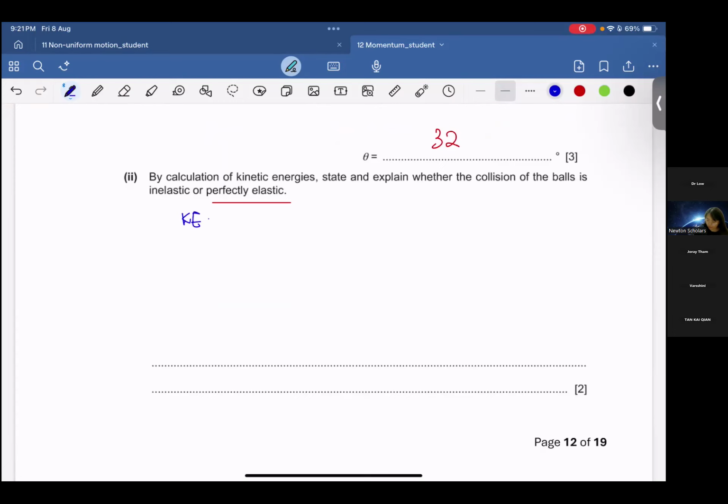Kinetic energy before will be 1 over 2 m1 u1 squared plus 1 over 2 m2 u2 squared. Before collision, we have two objects. Then after that, 1 over 2, 3 times 4 squared plus, let me check who else is able to get the answer. Wow, correct. Okay, 1 over 2, 2.5, 4.x squared equals 53 joule.